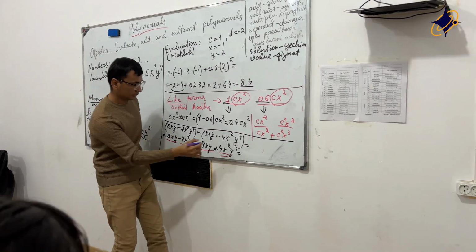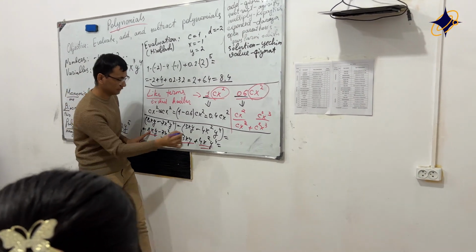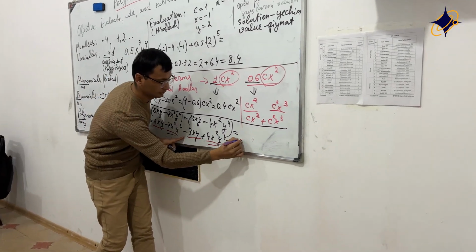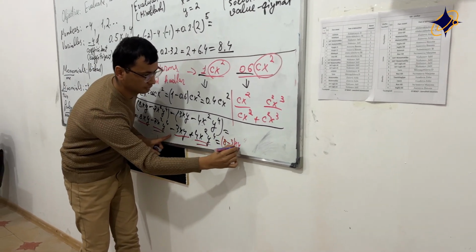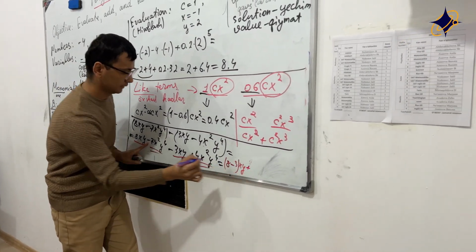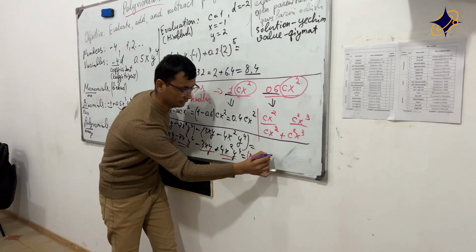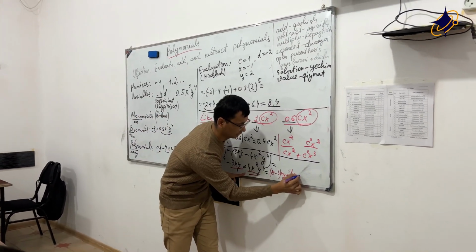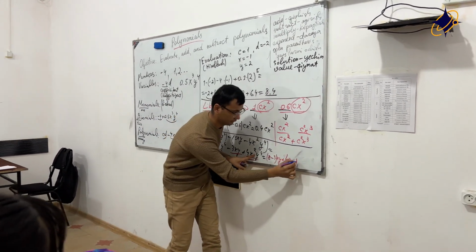Let's get started. The coefficient of this a and minus, and plus the coefficient of this, minus 7 and plus 4. Exponent.